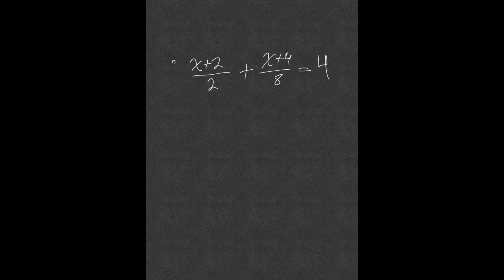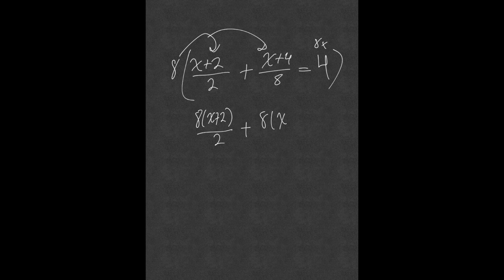So in order to do that, you literally multiply this whole equation by 8. So I'm just going to distribute it here and here. And then I'm also going to have to multiply by 8 over here as well. All right. So I have 8 times x plus 2 over 2 plus 8 times x plus 4 over 8. And that's going to equal 8 times 4.